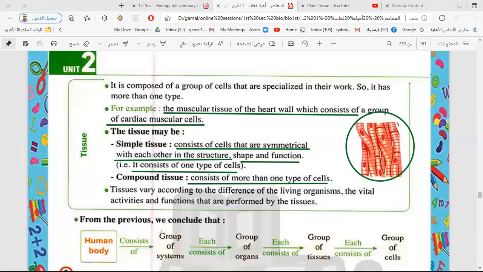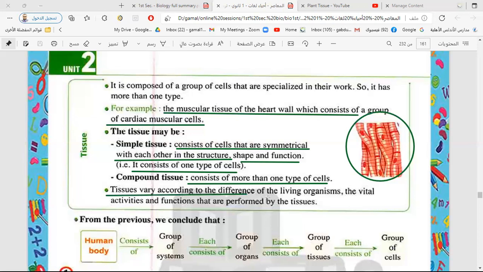The tissue is made of cells. If these cells are similar and identical, this tissue will be a simple tissue. And if the tissue is made up of different types of cells, it will be compound tissue.